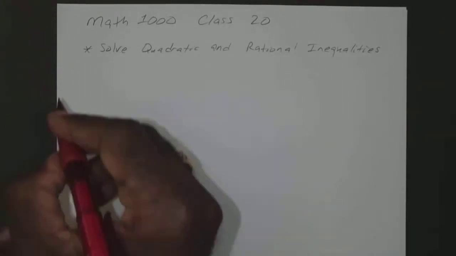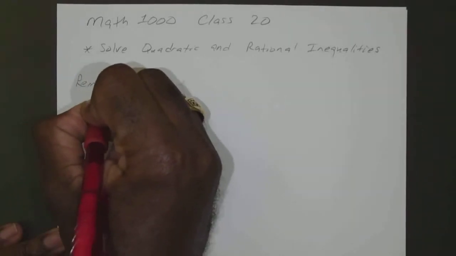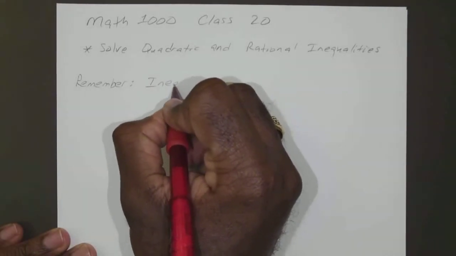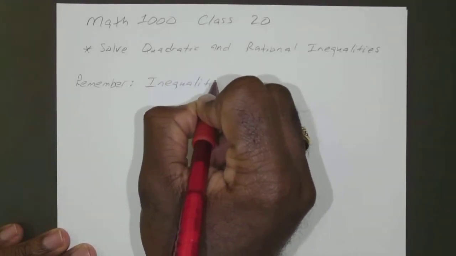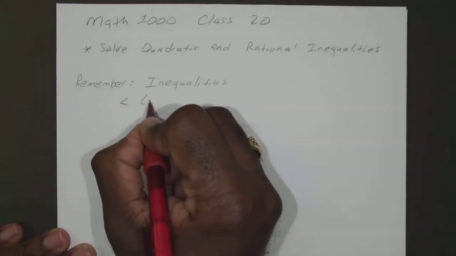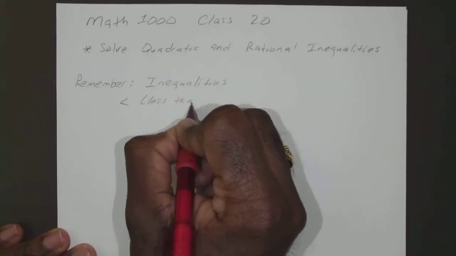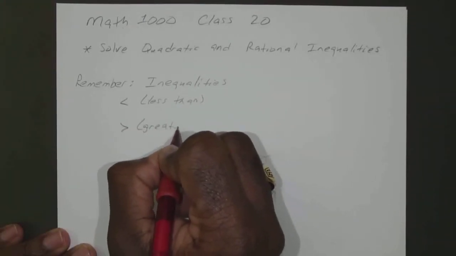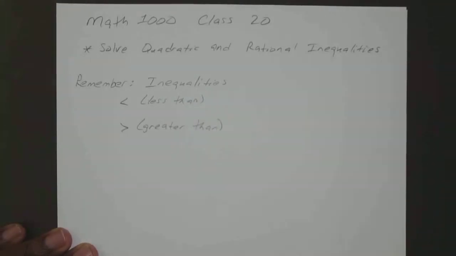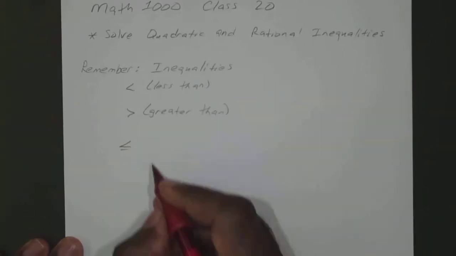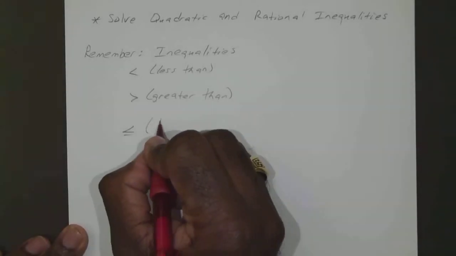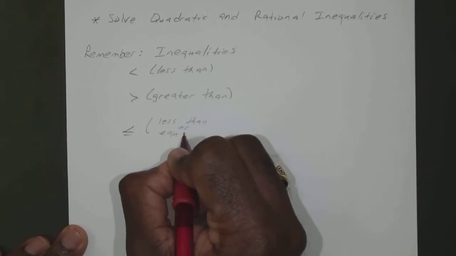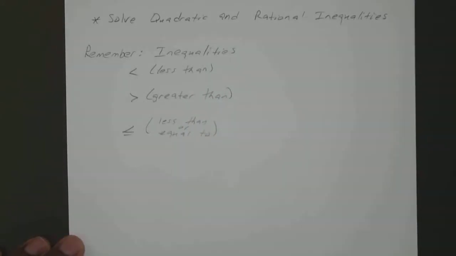All right, so just a quick reminder that your inequalities are just your less than, your greater than, your less than or equal to, or your greater than or equal to.